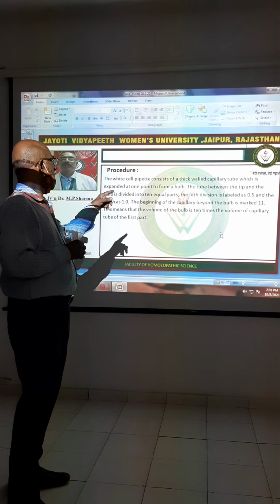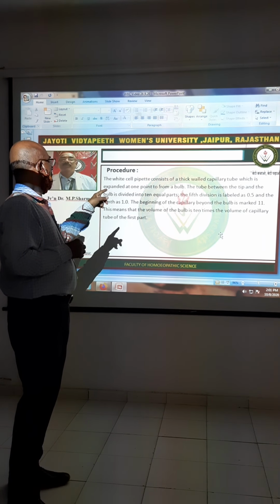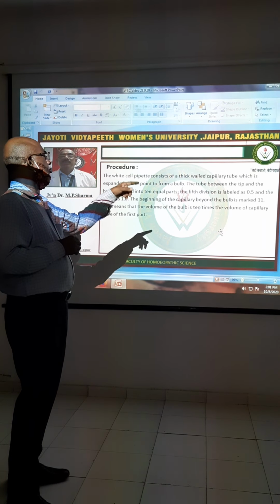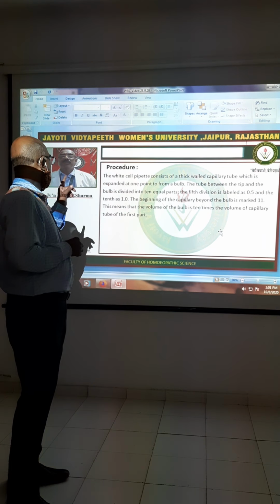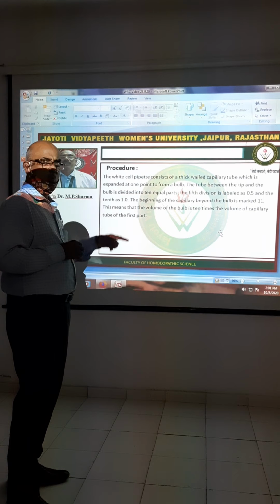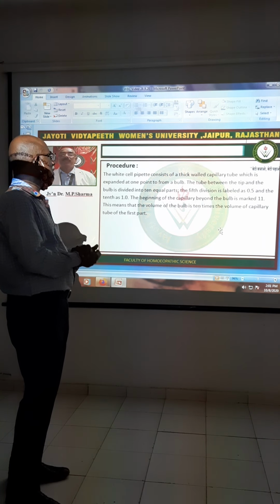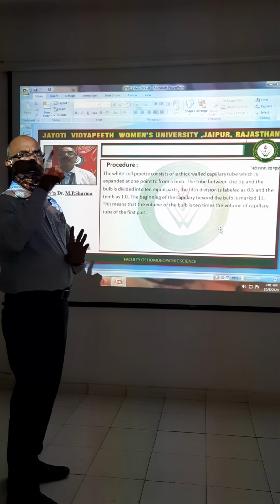Such as, the fifth division is labeled as 0.5 and the 10th as 1.0. Right? The beginning of the capillary beyond the bulb is marked 11.